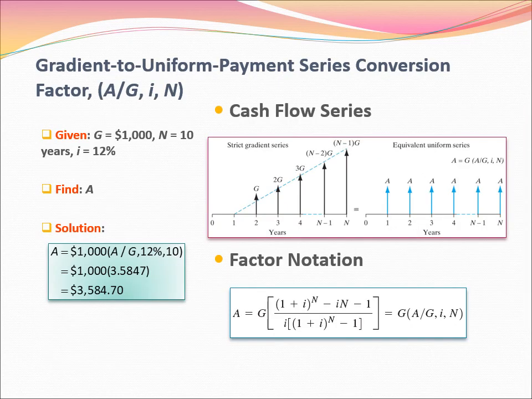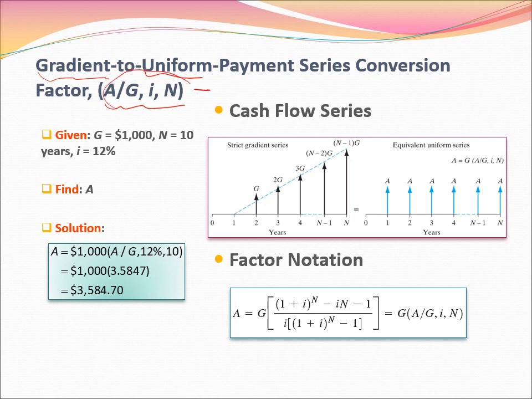Okay, so sometimes we want to convert a gradient cash flow into a uniform cash flow or uniform payment series. And for this one, we also have a factor, and actually you can find this factor like this.